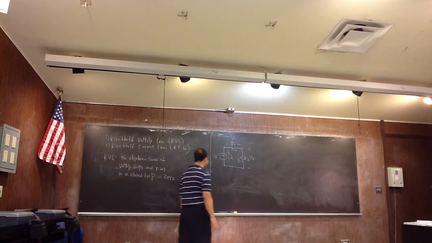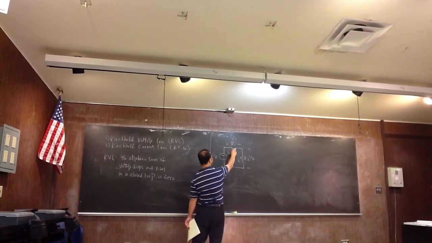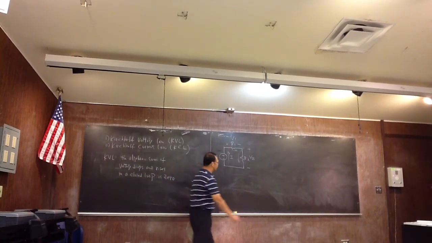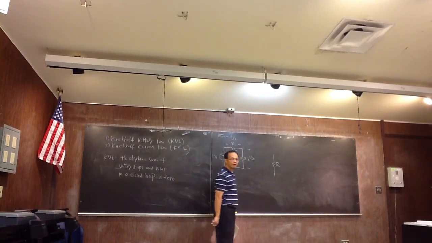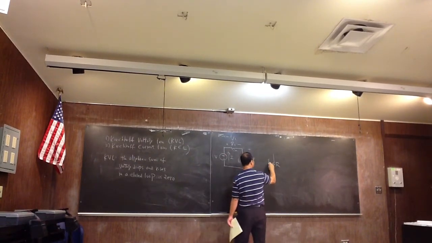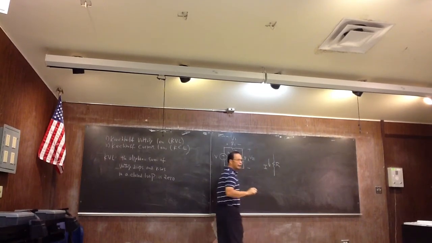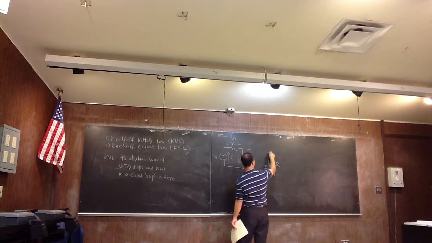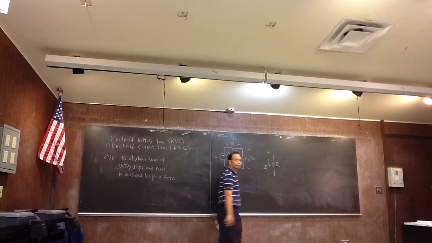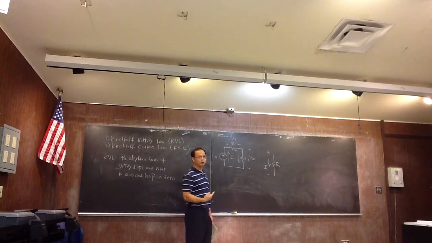Oh, okay, this is based on Ohm's law. If you have an R here, and you have a current going this way, then the voltage on the resistor must be plus and minus. That's Ohm's law.